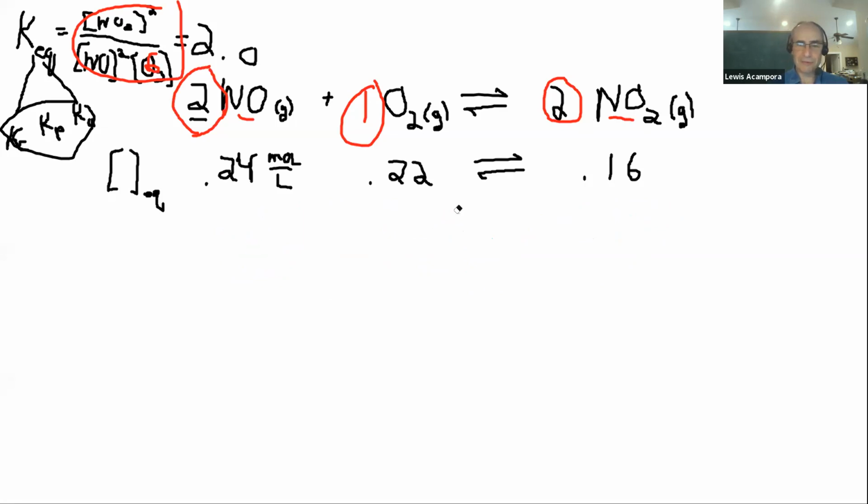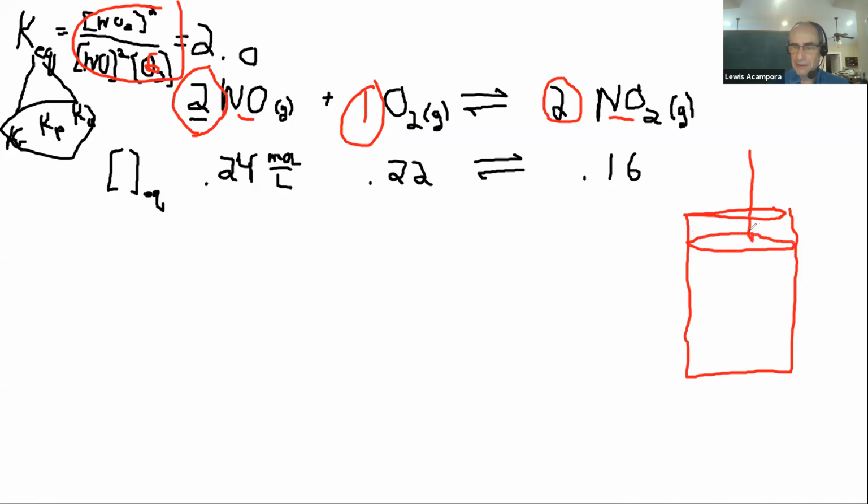And since this really only works for gas phase reactions, let's say I were to take my system, and here it is, and now I'm in this cylinder with a movable piston, and I've got my mixture of species in here.